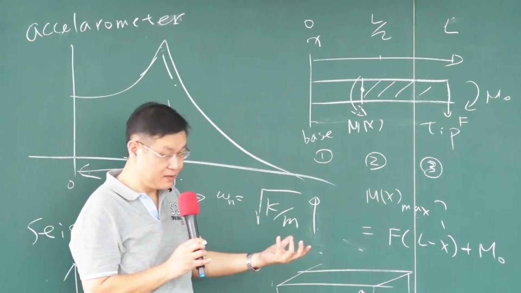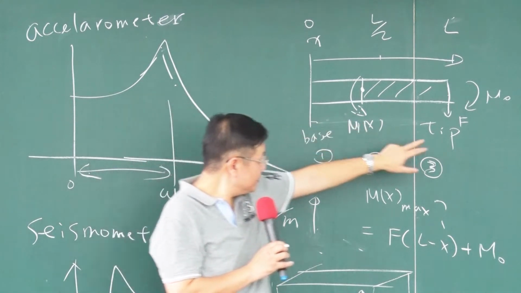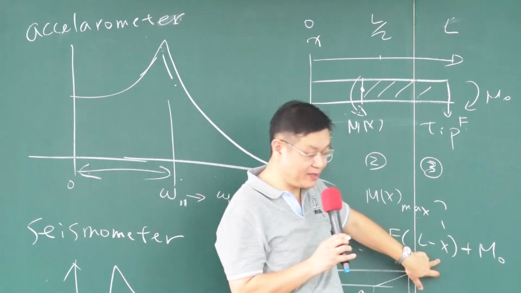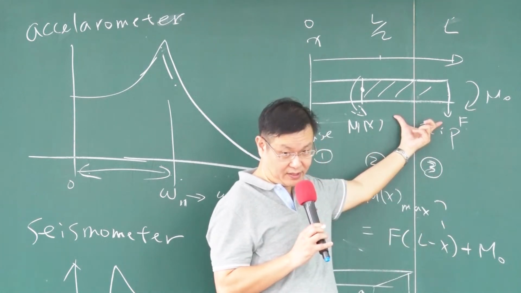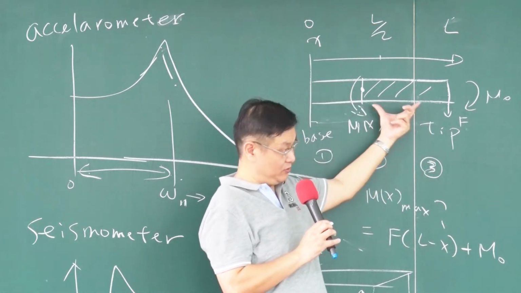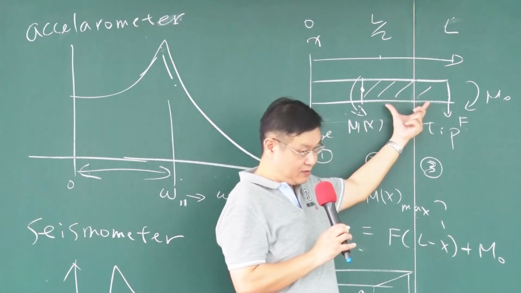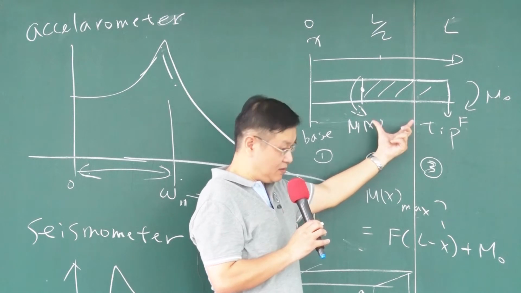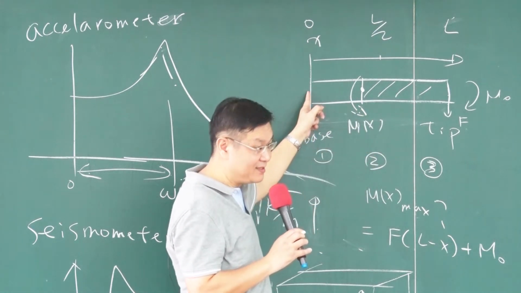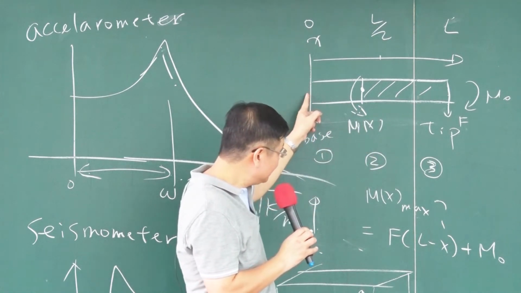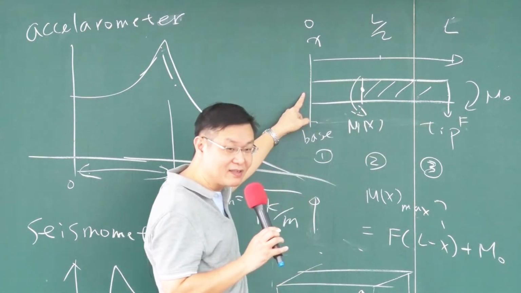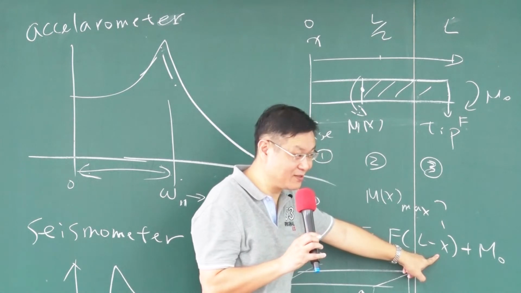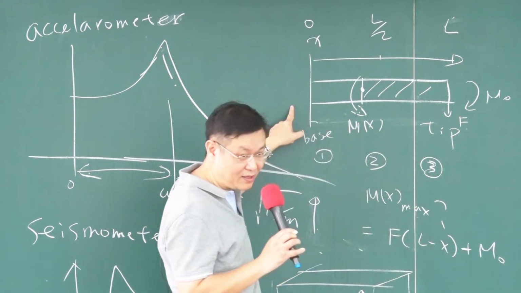The bending moment will be M0 plus F times (L minus x), the distance here. So at which position will the arm length be the largest? At the base, right? At the base, you have the whole length of the beam, no deduction, all the beam as your arm.